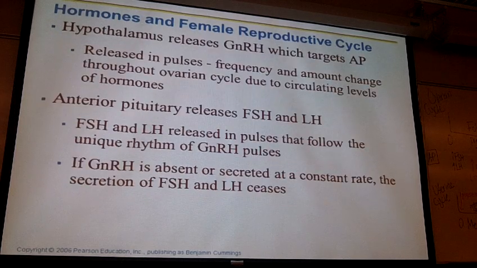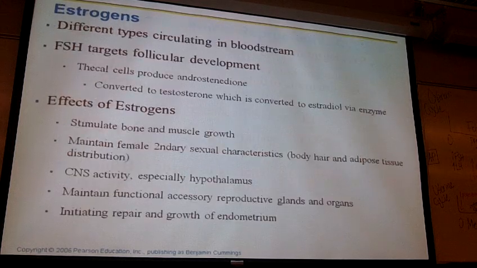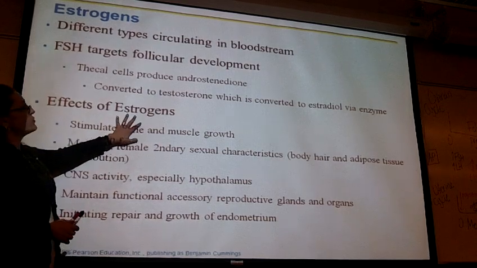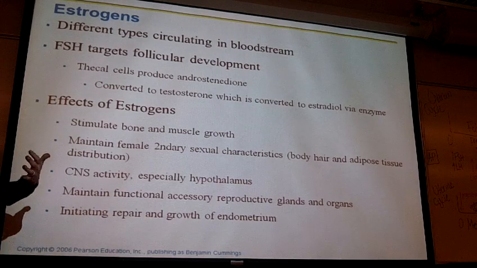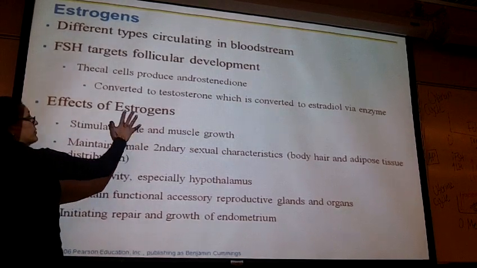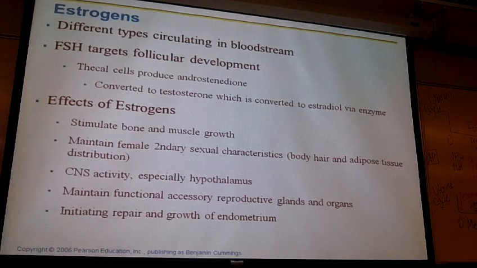These slides here are just looking at what's coming from the hypothalamus and what's coming from the anterior pituitary. These are the effects of estrogen. And we've mentioned this before. Estrogen is going to have many different target sites. It's going to stimulate bone. We talked about the effects of estrogen on osteoblasts.